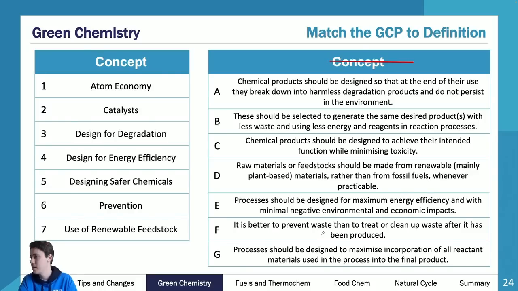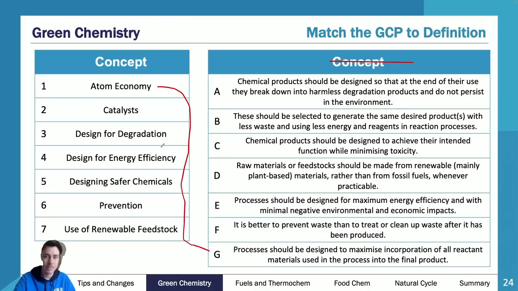No. It has to be G: processes should be designed to maximize the incorporation of all reactant materials used in the process into the final product. So that is exactly what atom economy is. Therefore, I'm going to say that is G. Apologies, I'm using my old Mac mouse pad, and it's not very good for doing things like that. All right, atom economy is G.